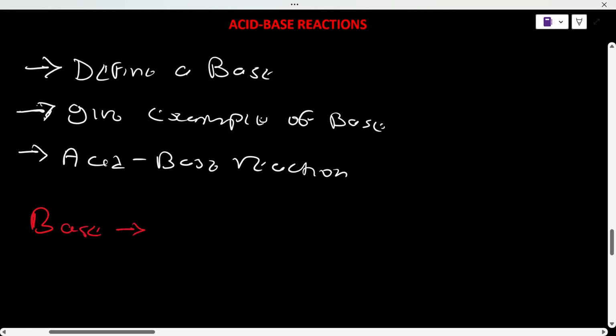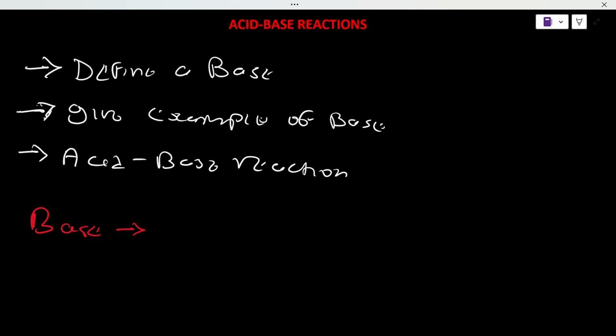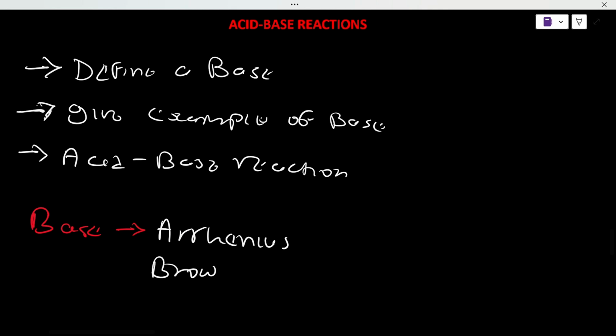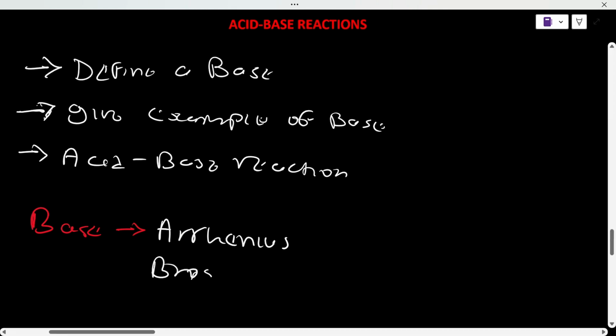And just the way I did in the last video when I was talking about acids, I want to define a base in relation to two definitions: Arrhenius and Bronsted and Lowry, the Bronsted-Lowry definition.